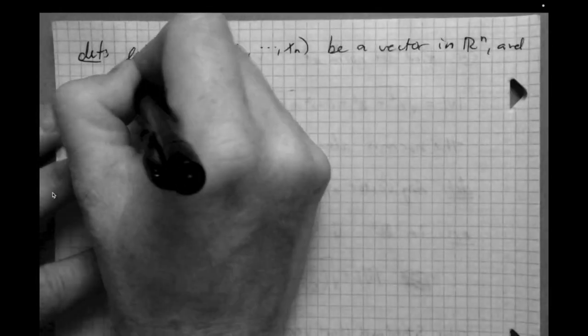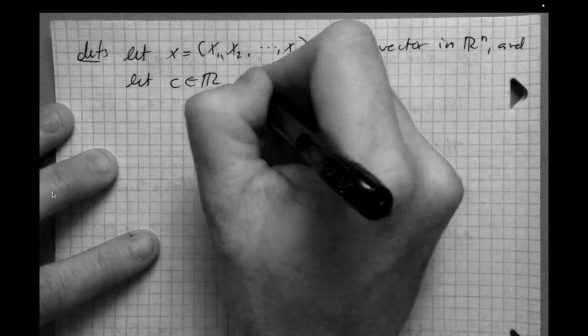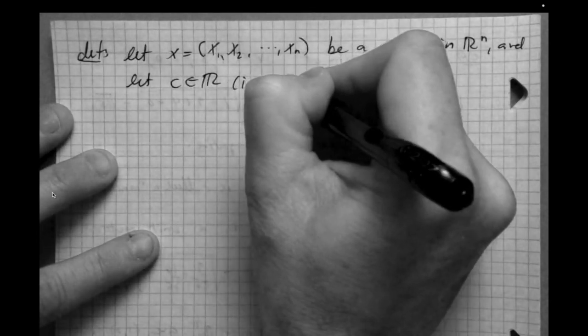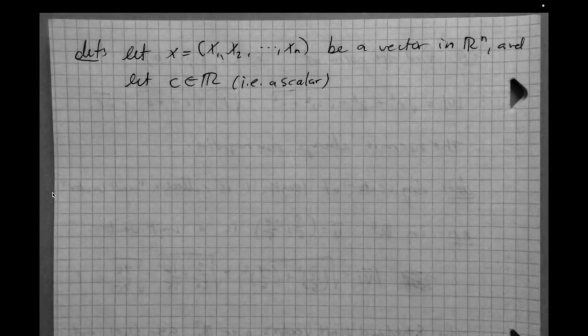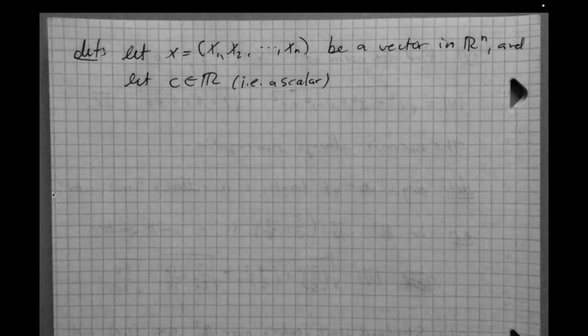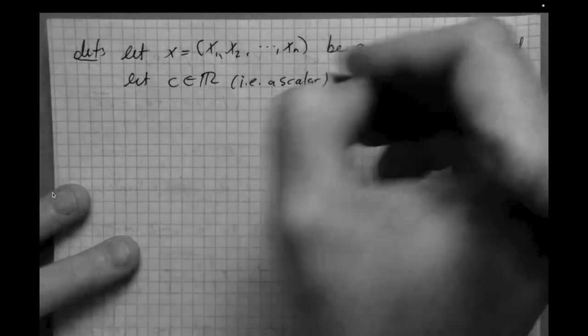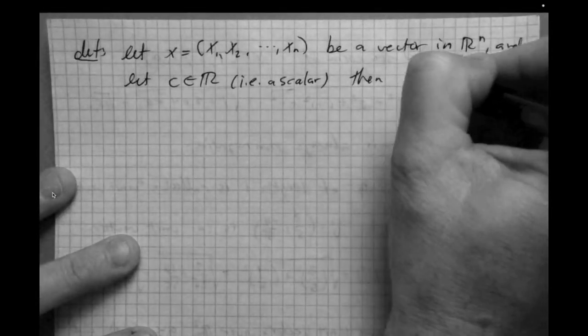And let c be a real number, i.e. a scalar. So we've got an n vector in Rn, and we've got a scalar, a real number. Then we have what's called scalar multiplication.